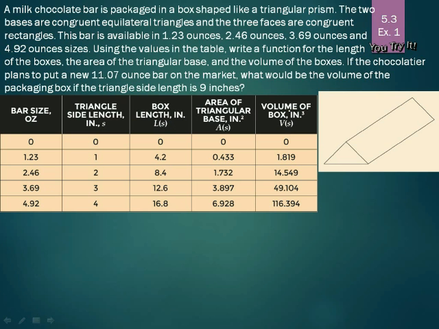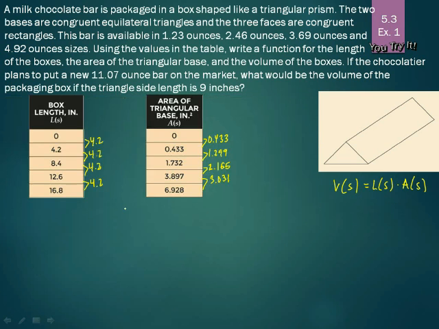Also note that the volume of a triangular prism is equal to the area of its base times the height of the prism, or in this case, the length. So V of S will be equal to L of S times A of S multiplied together. Let's use finite differences to find L of S and A of S. Finding the first differences, for L of S, subtracting in order from the bottom to the top, we get 4.2, a common first difference.